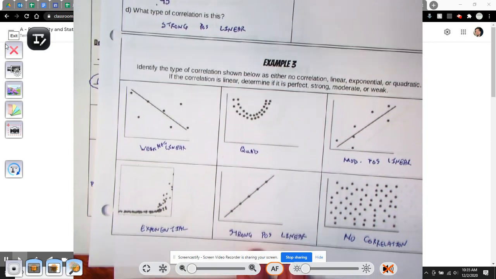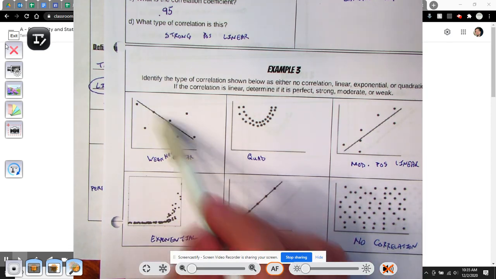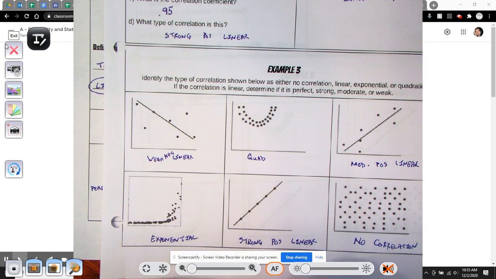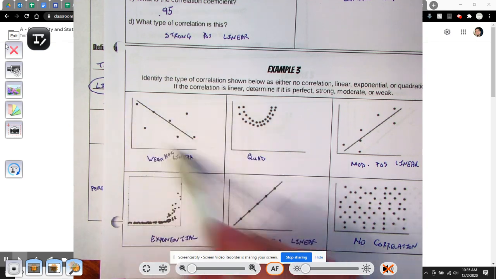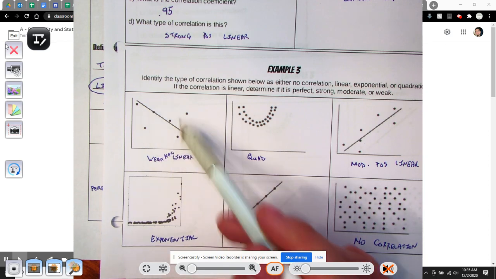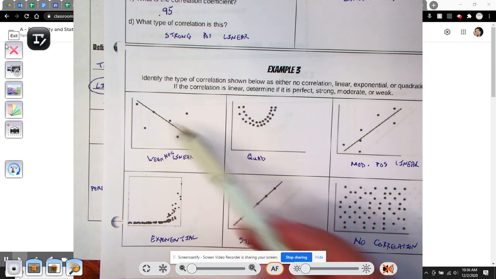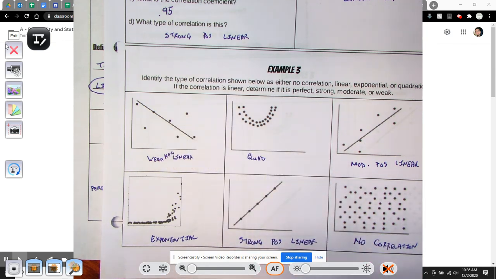This is what I ended up getting. First, I said a weak negative linear. I know it's linear. I'll kind of cheat. I put in a line. But it looks like a general line going down. And because it's going down, it's negative. Now I said weak because these points are rather spread out and not close to the line.